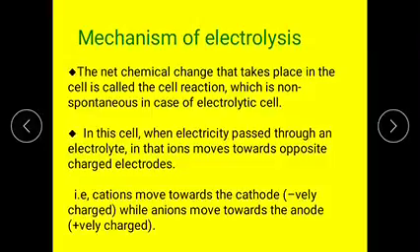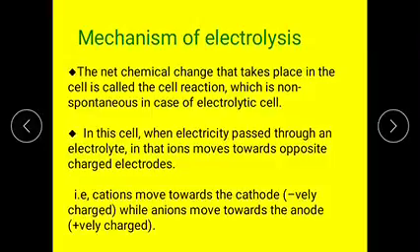The net chemical change that takes place in the cell is called a cell reaction, which is non-spontaneous in the case of an electrolytic cell.